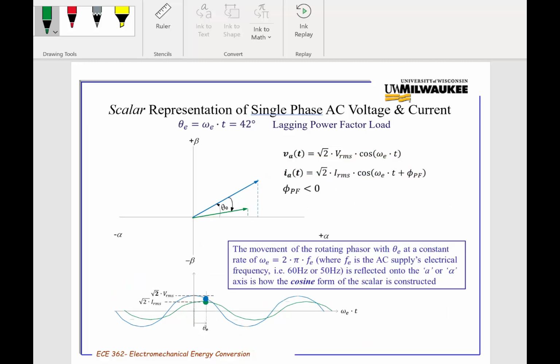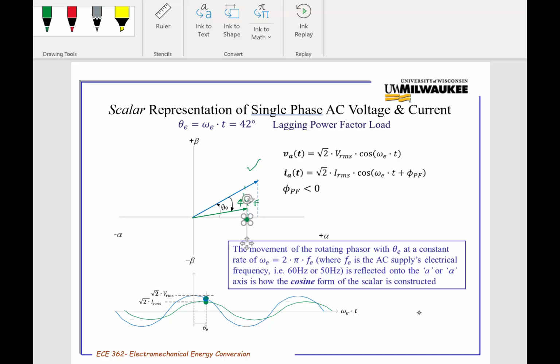So to illustrate, I'm showing us at an instantaneous point of 42 degrees. And so the voltage is moved into this quadrant up here, and the current is following it at a fixed angular displacement of the power factor angle. And the scalar values are where we're at.